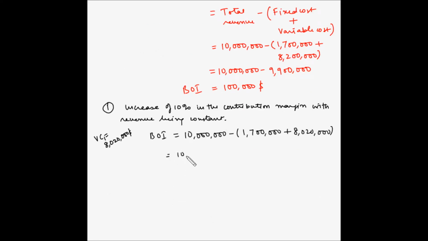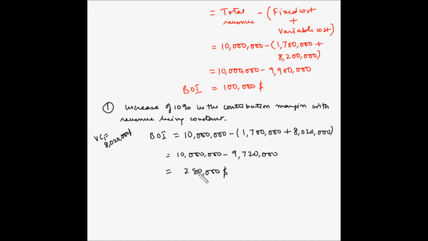So this is equal to 10 million minus 9.72 million, and this is equal to $280,000. So this is the revised budgeted operating income.